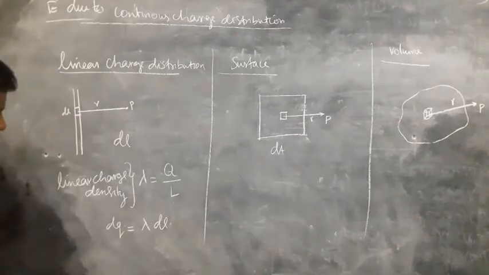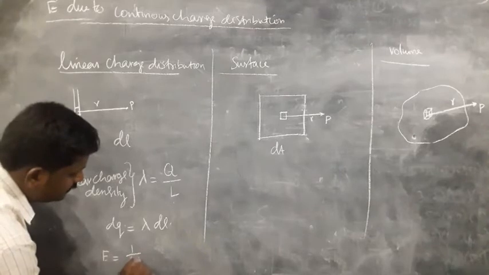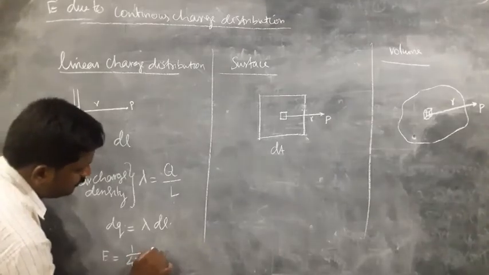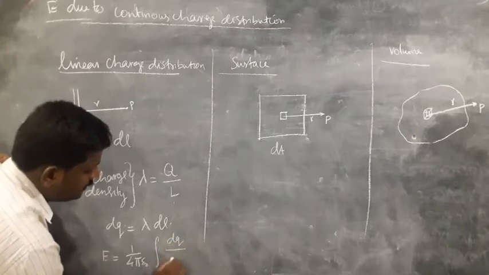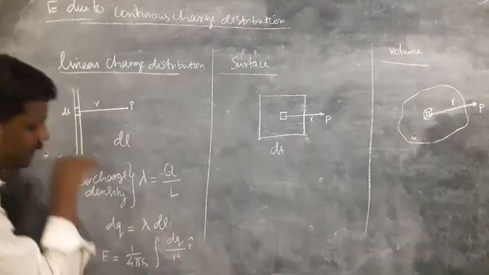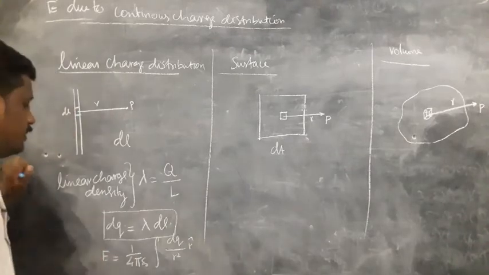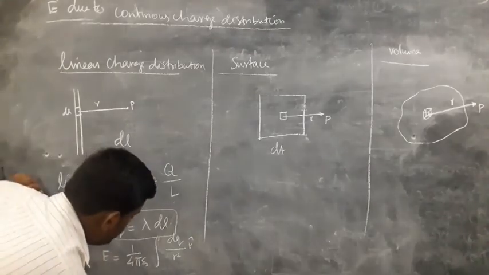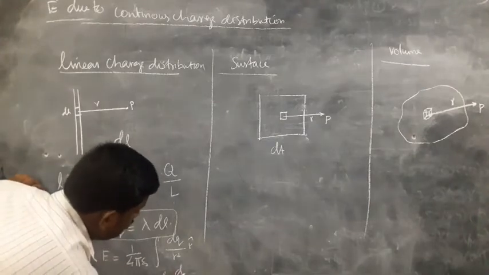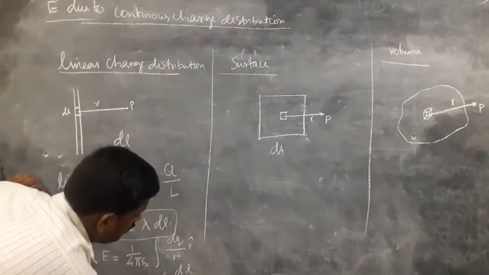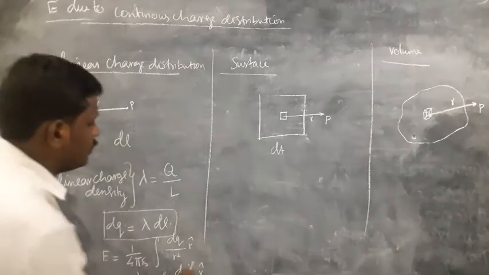Then we know the electric field E is equal to 1 by 4 pi epsilon naught integral Q by R squared. Instead we use dq by r squared r cap, replacing dq with lambda dl. So it's 1 by 4 pi epsilon naught integral dl by r squared r cap, taking lambda common.